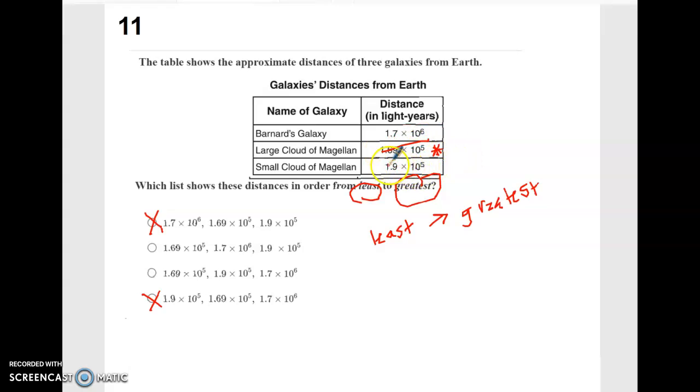I go on to the next one, and this one also has the 10 to the 5th. So looking at my second number in these two problems, this one now I know is going to be my answer because that has both of those. Okay, so what I'd like you to write down is these numbers in order, and that you're doing least to greatest.